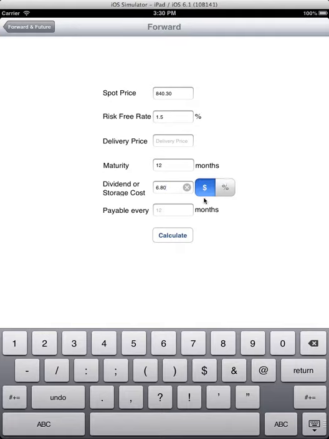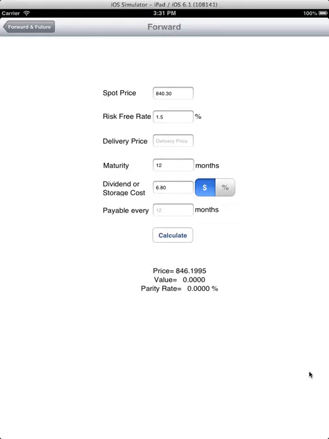6.80 is the storage cost. It's payable every 12 months. So this is what we receive: the price, the value, and the parity rate. So risk-free rate, delivery price, maturity, and here is the storage cost payable, and that's what we receive. Okay, it's a forward.